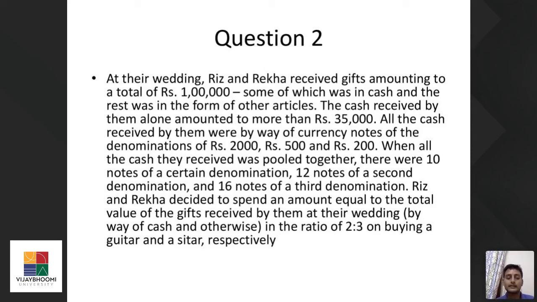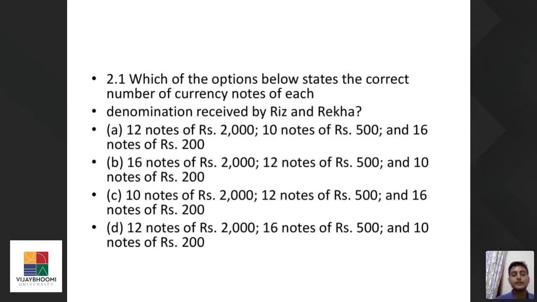And then they decide to spend it in a certain ratio to buy a guitar and a sitar. First one: what is the correct denomination out of the given options that fits the criteria that the money that they got was more than 35,000?